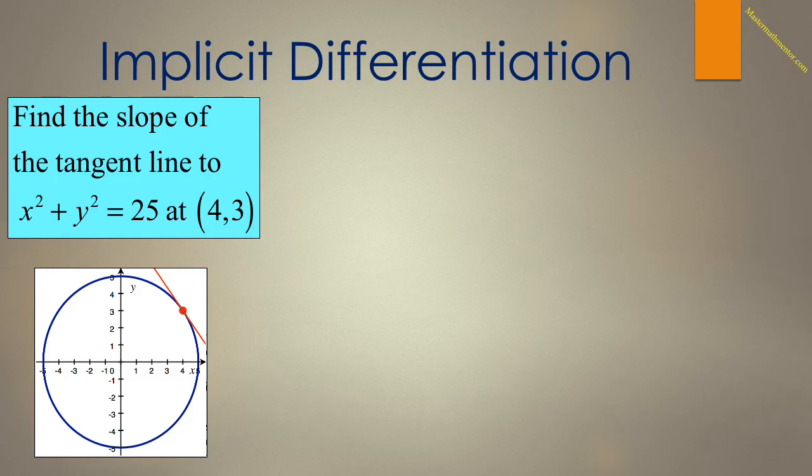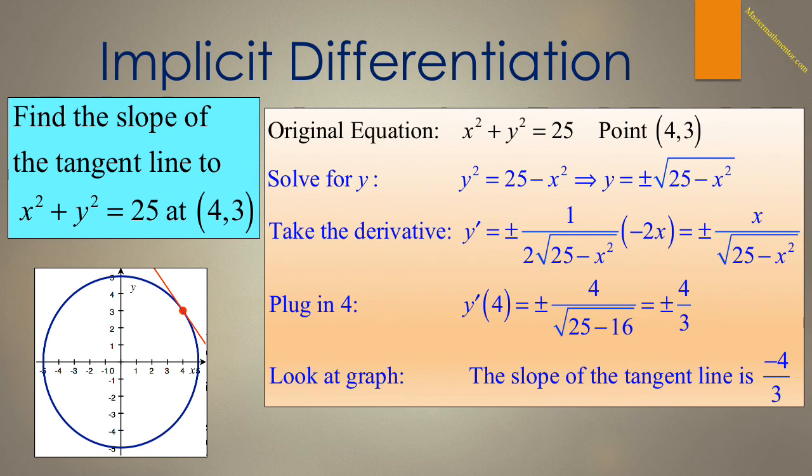In order to do this, we are going to have to solve for y. So, doing so, we get y squared equals 25 minus x squared, and therefore y is equal to plus or minus the square root of 25 minus x squared. When we take the derivative, we end up getting y prime is equal to plus or minus 1 over 2 times the square root of 25 minus x squared.